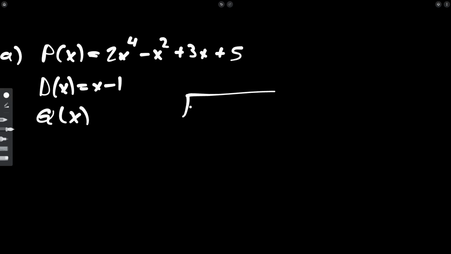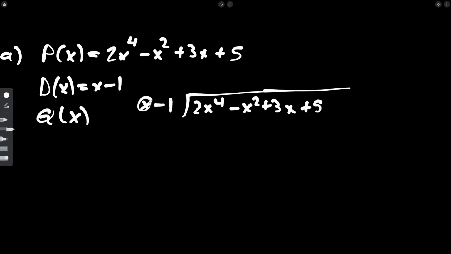Let's begin. We have 2x to the 4 minus x squared plus 3x plus 5, and we're dividing by x minus 1. First, we need to get this x to be 2x to the 4. You do that by multiplying it by 2x cubed. And that subtracted gives us 2x to the 4 minus 2x cubed.